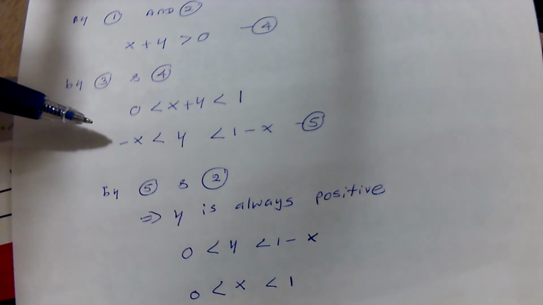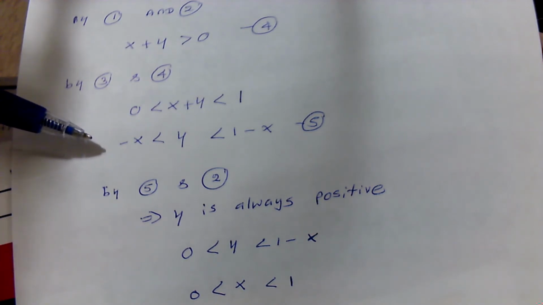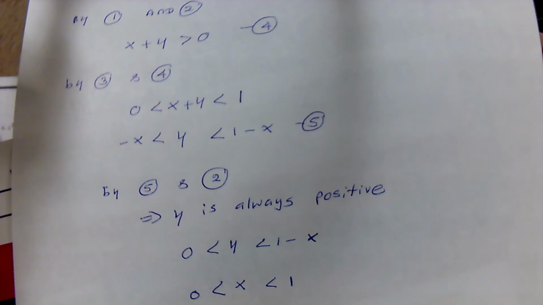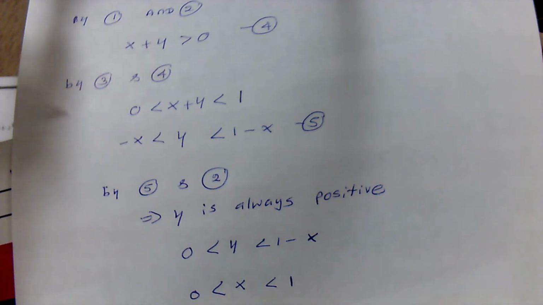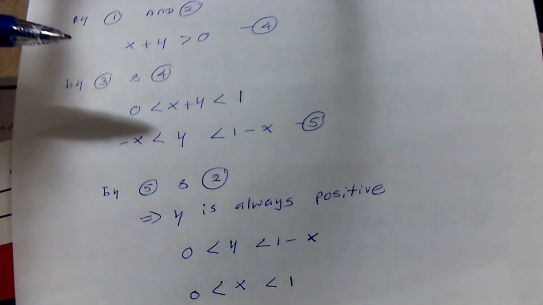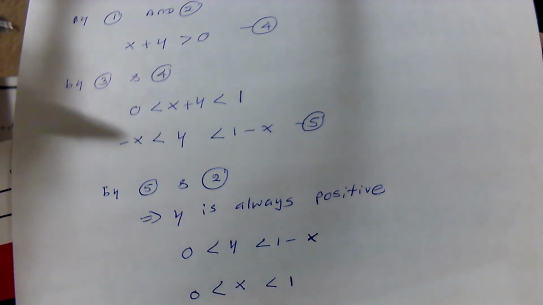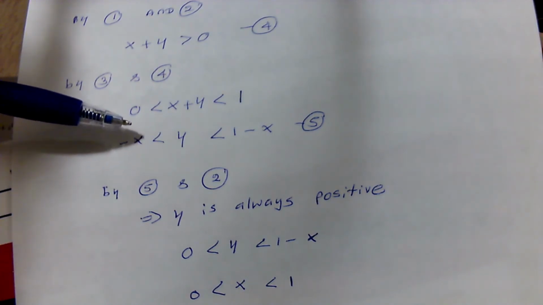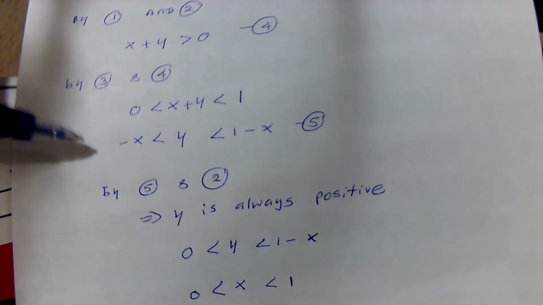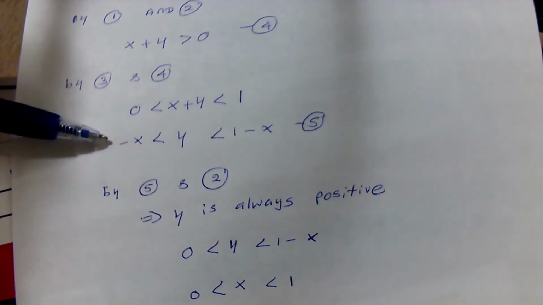So now you can compare this equation 5 with your previous equation 1 and equation 2. In equation 2 you probably remember that you had a constraint that y is always positive. But based on this, you can see y can be negative also, because you have this negative x.